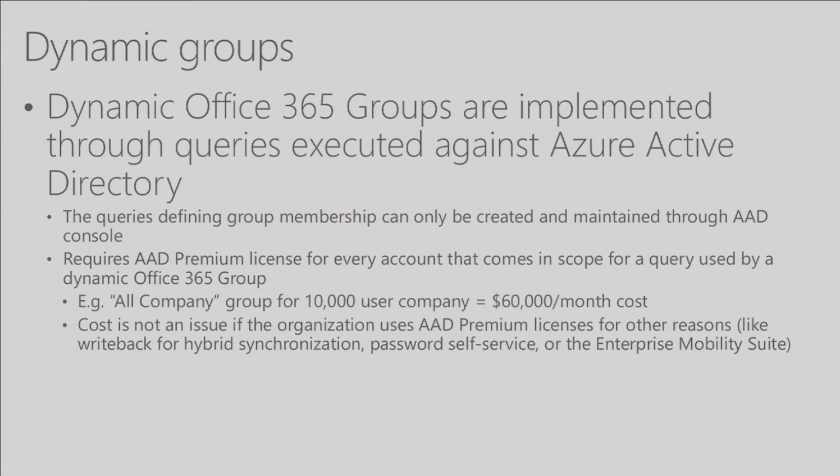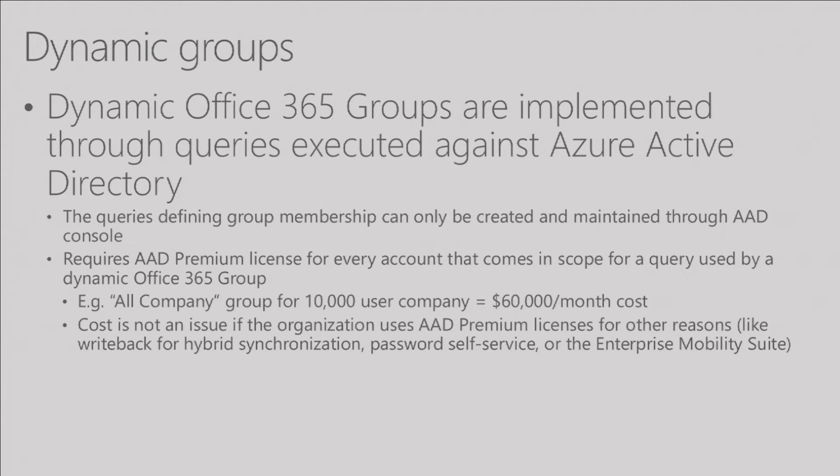Dynamic groups. Dynamic groups are available, they are supported, they work in much the same way as dynamic email groups. However, the big caveat here is that they can only be managed through AAD, and you require an AAD Premium license to use it. Now, this is a bit of an issue, I think. It may not be an issue for your tenant if you're using an E5 license or using AAD Premium for some other reason.